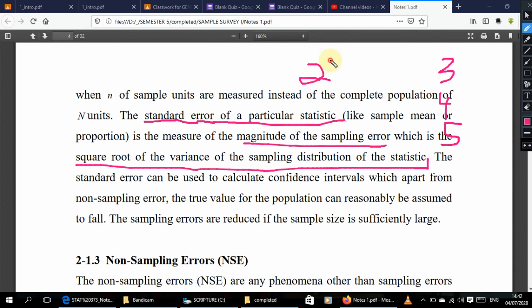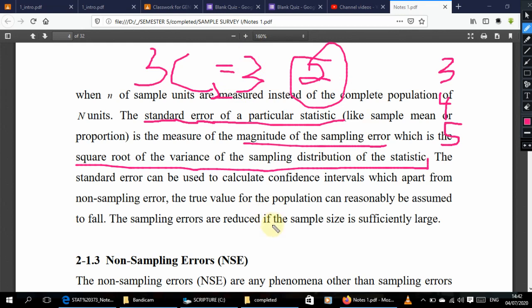A sample of 2 means you have 3 combination 2. That means you get 3 possible samples.